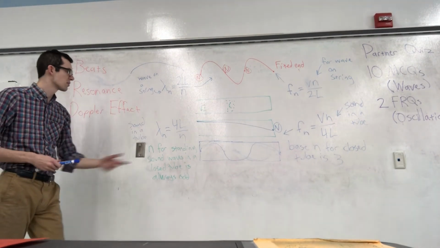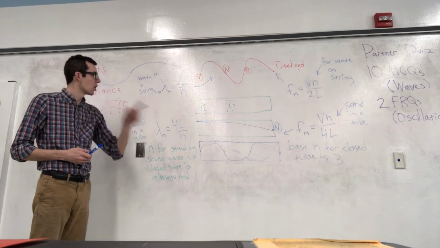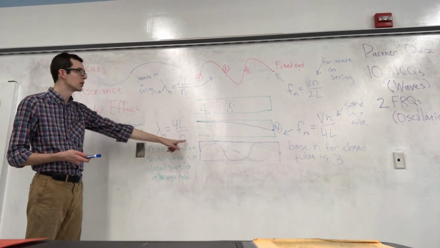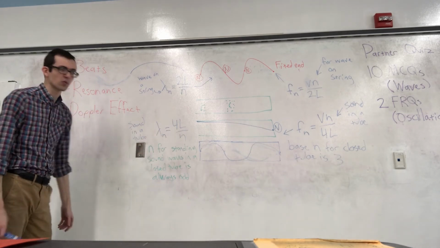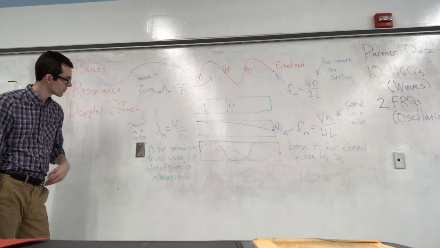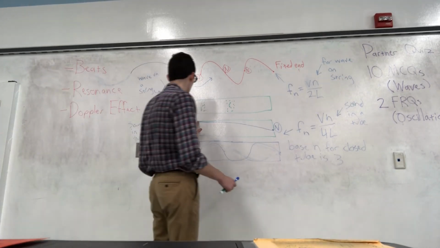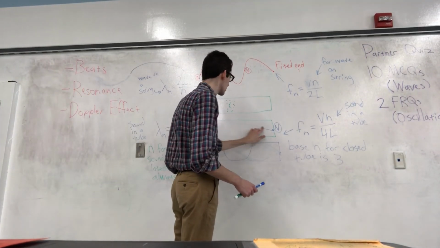Yep, so it doesn't matter whether you're in either tube. The only thing is you'll never have this be 2 for a closed tube. It'll just be 3 or 5 or 7. For an open tube, it can be any amount. So let's say, I'll do a different one on this one just to show us.